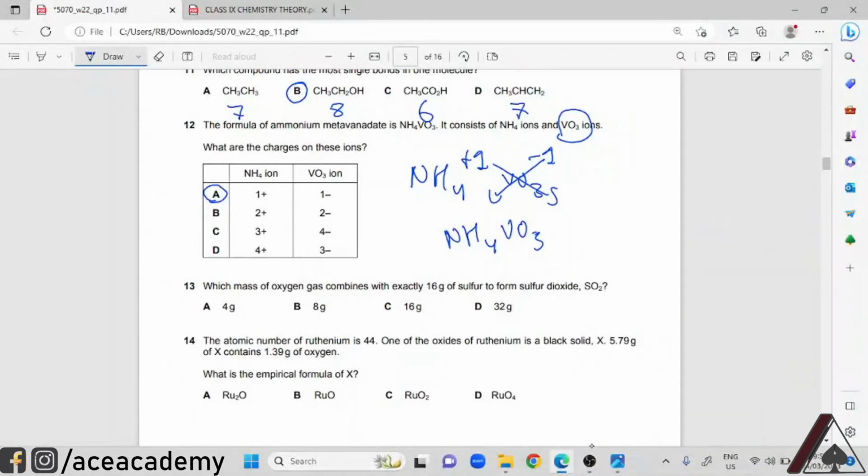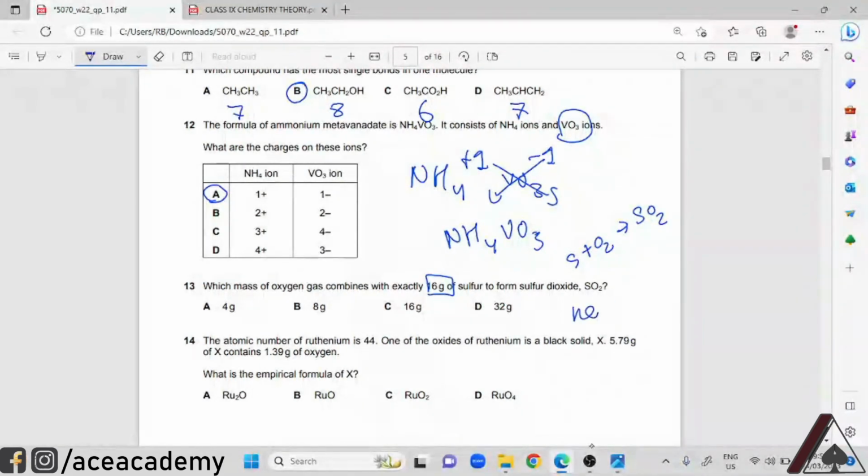Question 13 says, which mass of oxygen combines with exactly 16 grams of sulfur to form sulfur dioxide? And the equation, as we know, is something like this. Sulfur plus oxygen equals sulfur dioxide. So we can see that we have 16 grams of sulfur.